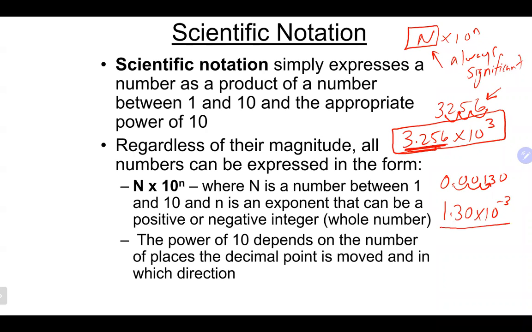How many significant figures does this number have? It does have 3. Again, it has a decimal and the 0 at the end, so it's all good. And that's good because my original number had 3 significant figures. That's why we kept the 0 at the end, because it was significant. So when you write a number in scientific notation, you never want to lose the number of significant figures. You want to make sure that you maintain it.